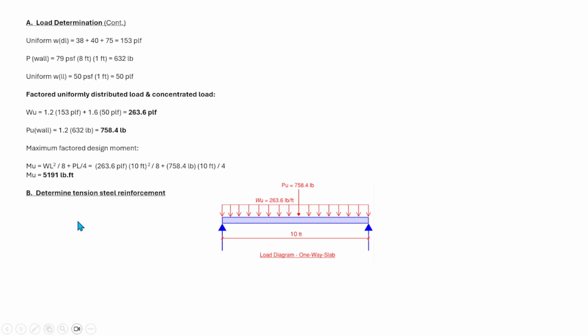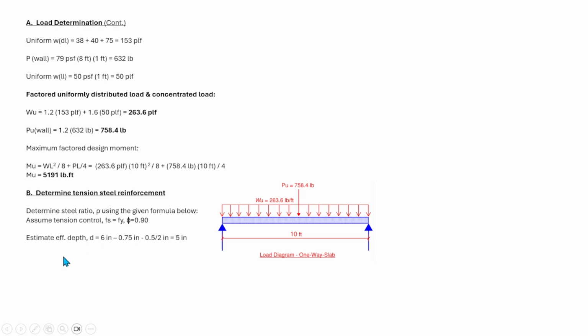Now we will determine the design of the tension steel reinforcement based on that maximum moment. So first we need to determine the steel ratio using the formula below. Assume tension control so that Fs is equal to Fy and Phi is equal to 0.9.